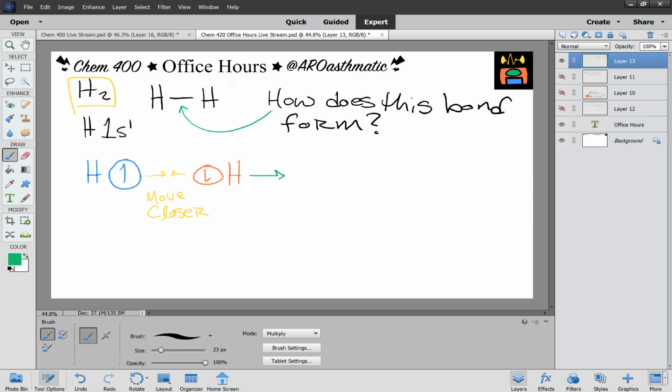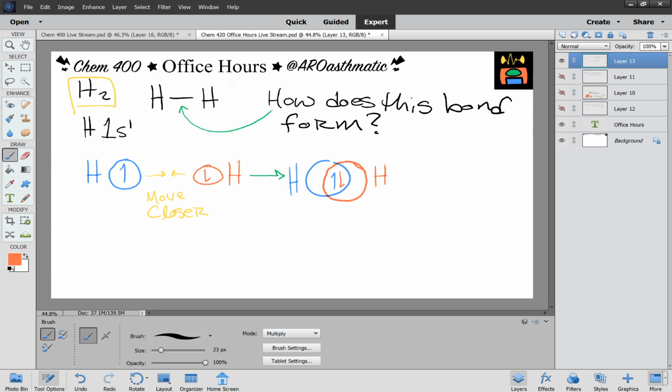So these two are moving closer so that their orbitals, the 1s orbital of the first hydrogen, overlaps with the 1s orbital of the second hydrogen, so that the electron from the blue hydrogen is actually in both orbitals, and the electron from the red, salmon, orange hydrogen is also sitting in both orbitals.